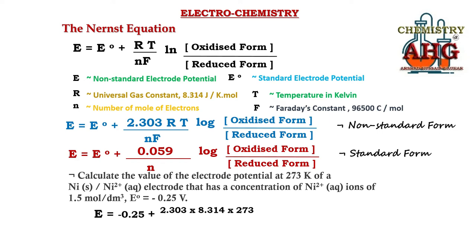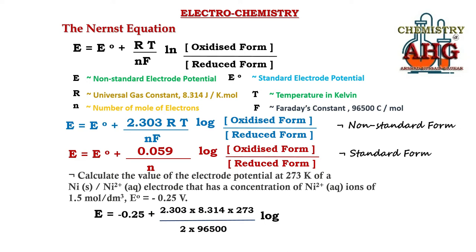Now how many moles of electrons will be there? Look at the half cell. In the half cell we have nickel solid and nickel 2 plus ion. So what is the number of units of change in the oxidation state of nickel? 2. So what will be the number of moles of electrons involved in this reaction? 2, and F is 96,500 coulomb.